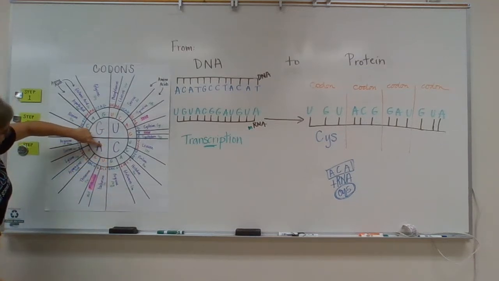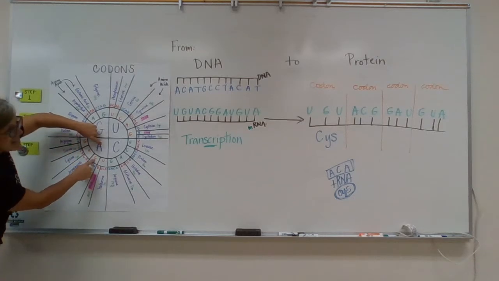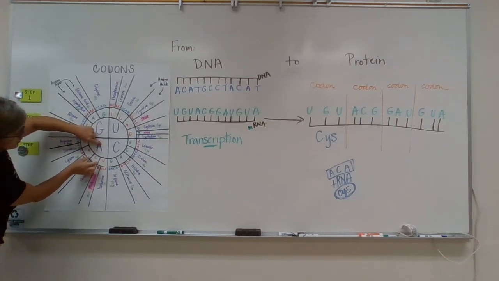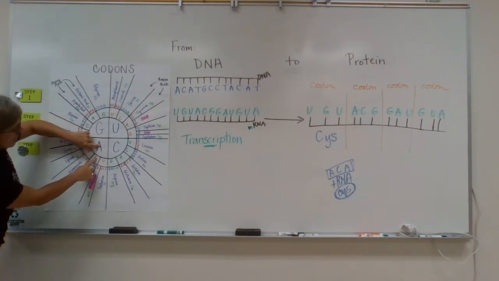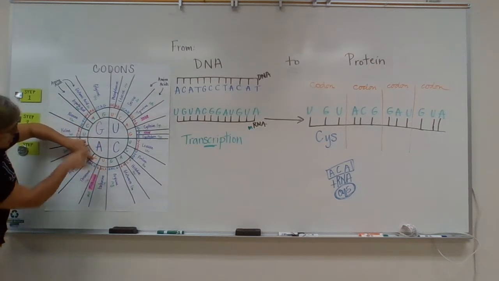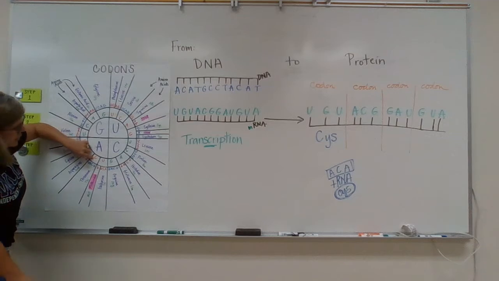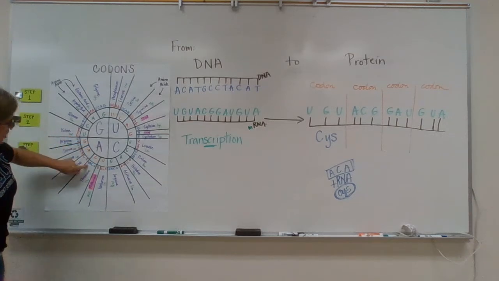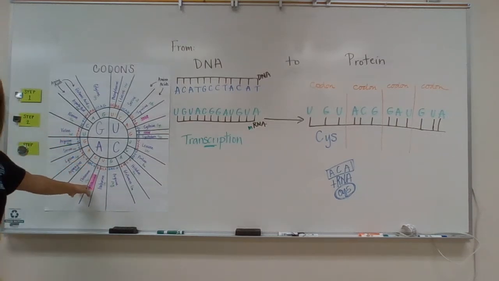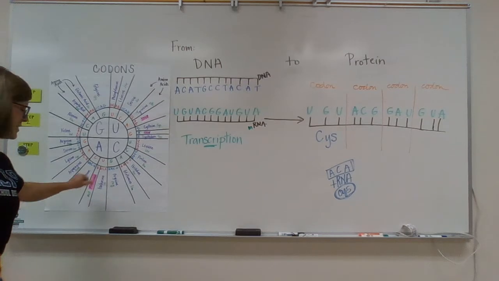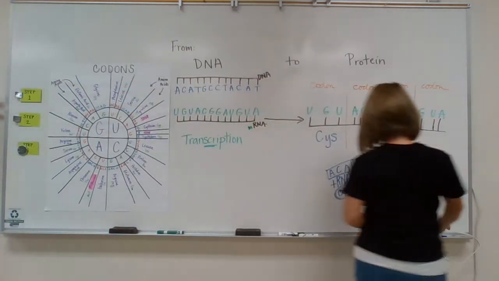Our second letter is C. Now we're only working in this section. And our last letter, our third letter, A, C, G. Well, all 4 of these actually code for the same amino acid, so it doesn't matter what your third letter is. ACG codes for threonine.